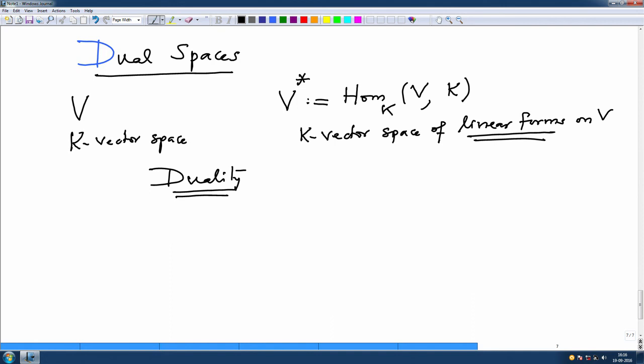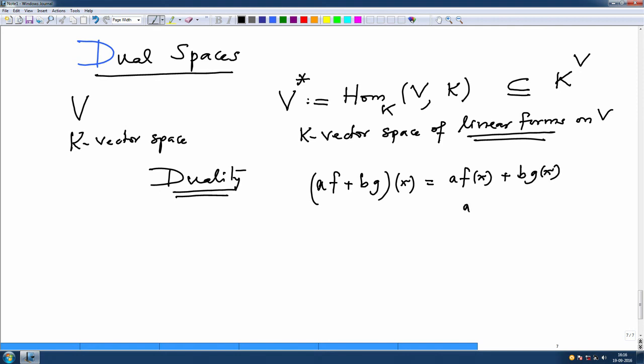Okay. So, V star to start with is a subspace of k power V. k power V is a very big vector space. You cannot even write down the basis explicitly. And the vector space structure on V star is: a f plus b g evaluated at any x is defined as a f(x) plus b g(x).